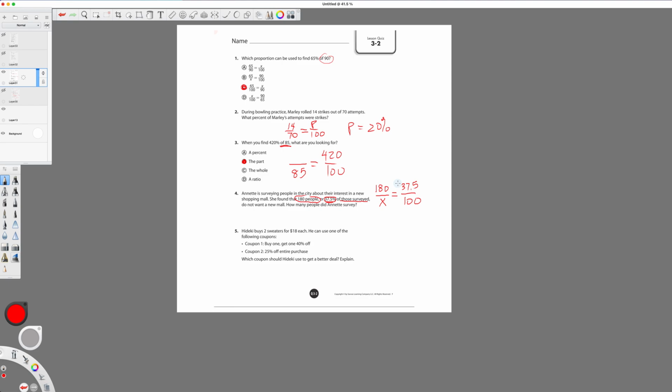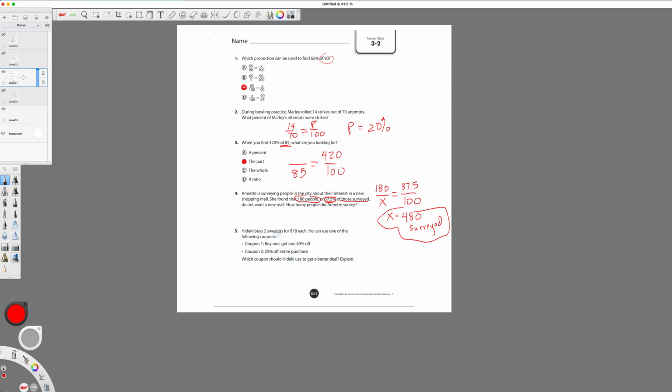So 180 times 100 divided by 37.5. And I get 480. So she surveyed 480 people. 180 of those said they do not want a new mall.